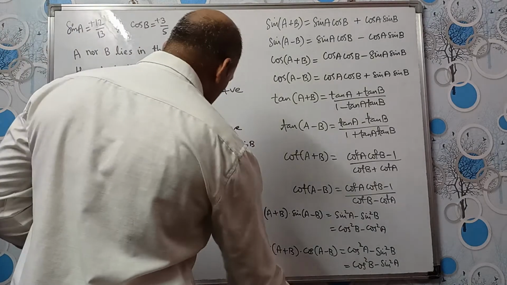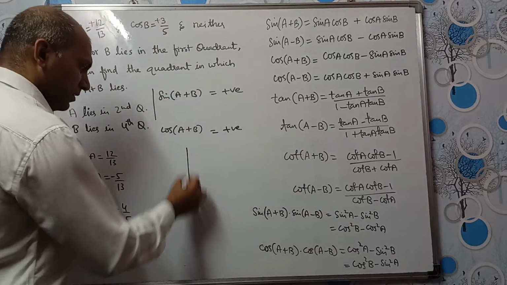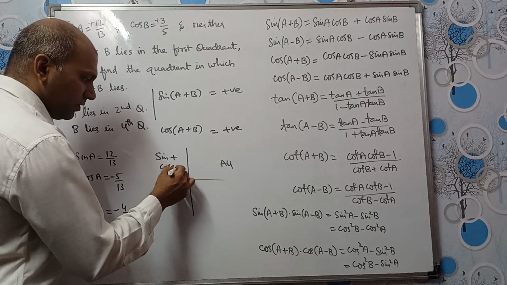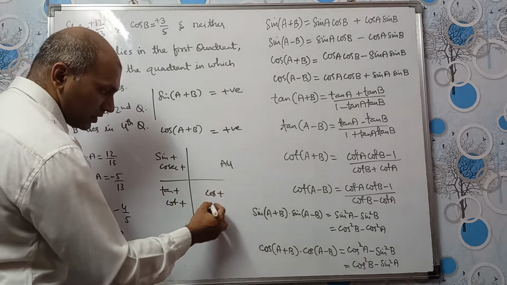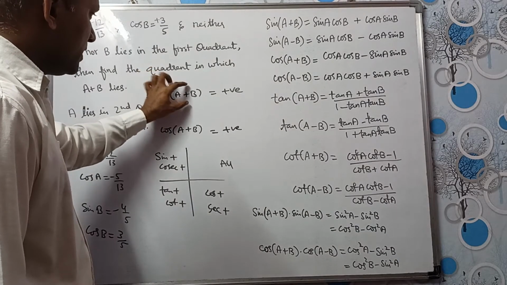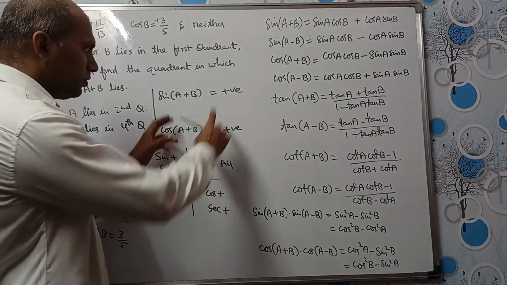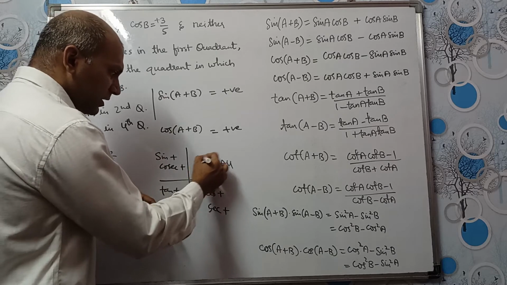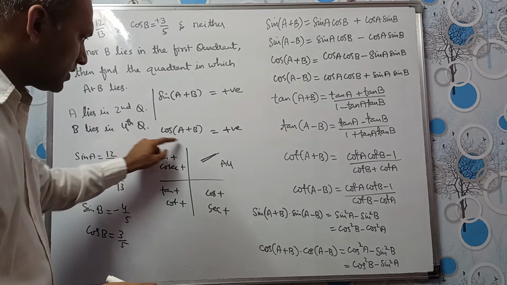Okay. So A plus B. See, cos is also positive and sine is also positive. If you recall this, here sine positive, cosecant positive. Here tan positive, cot positive. Here cos positive, secant positive, right? Now A plus B is one angle, right? So both are positive. Where are sine and cos both positive? Here in the first quadrant. Here only sine is positive. Okay, cos is negative.